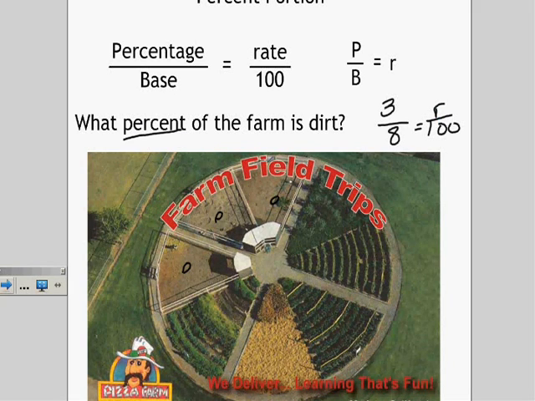So percent really does refer to a rate here. So we could rephrase this: what rate of the farm is dirt? So 3/8 is merely 0.375. So that would be 37.5%.